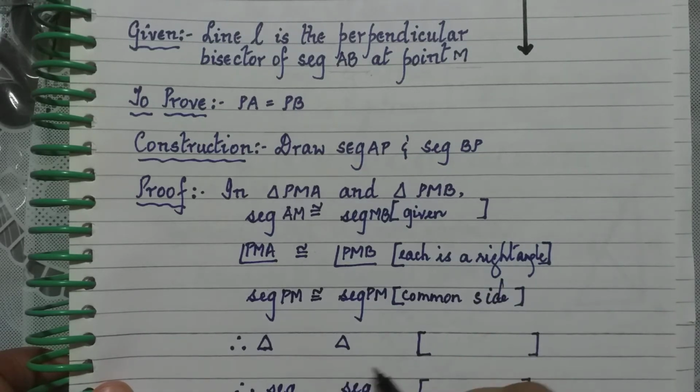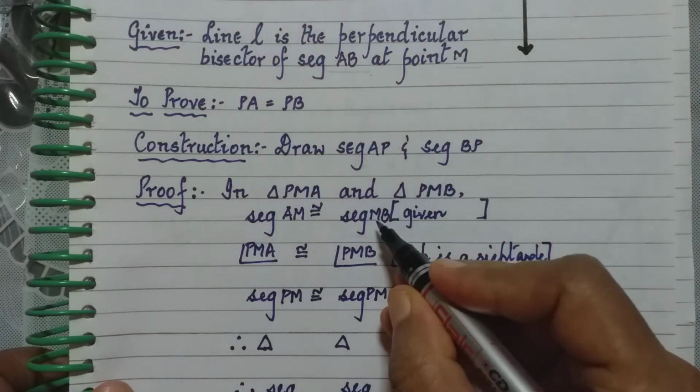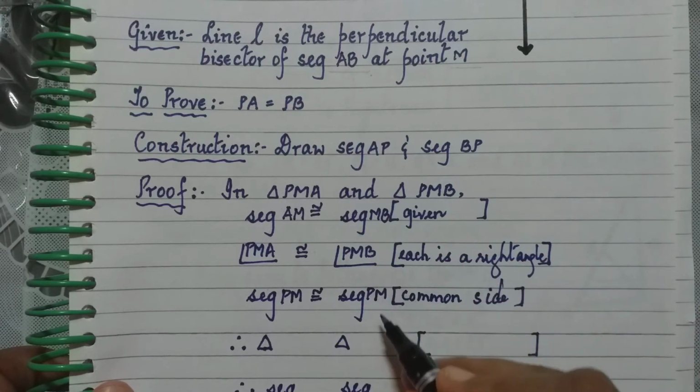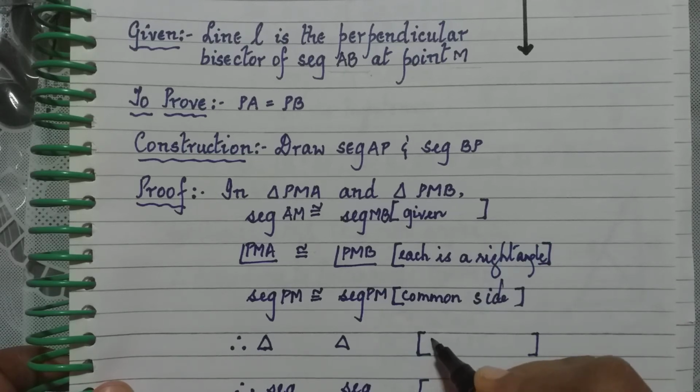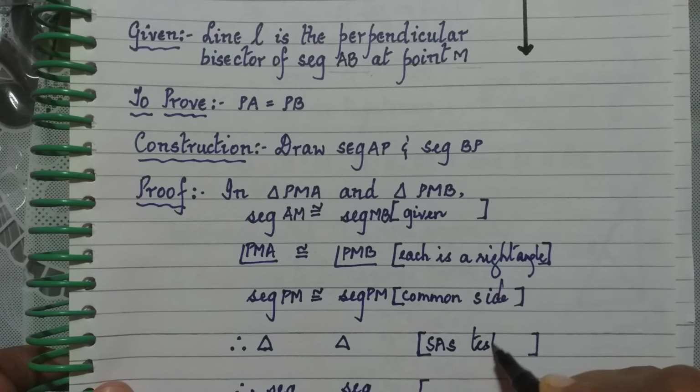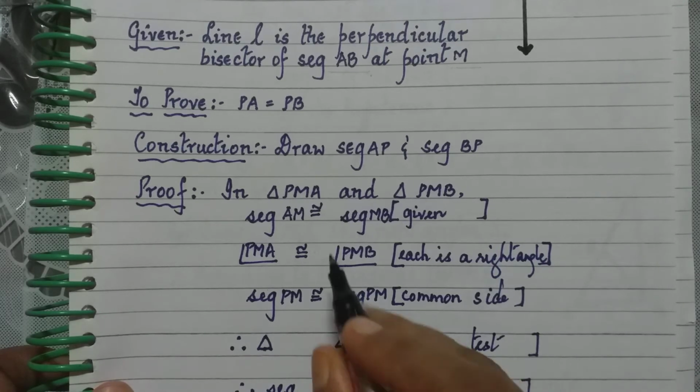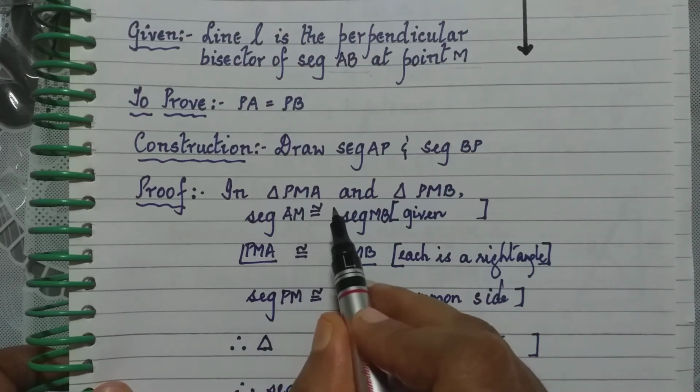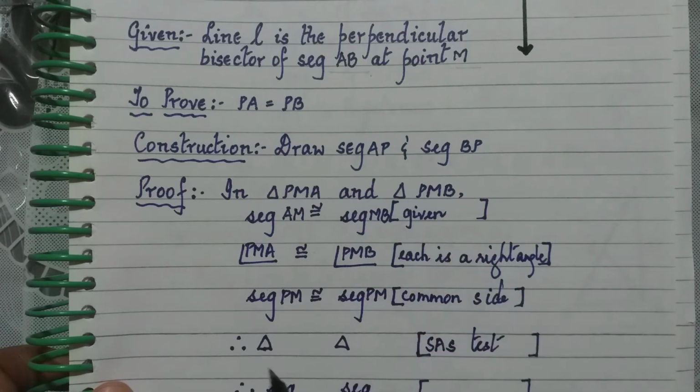Therefore, the two triangles will be congruent. We have got one pair of sides, one angle, one pair of sides. So by the SAS test, these two triangles are congruent. Triangle PMA is congruent to triangle PMB by the SAS test.